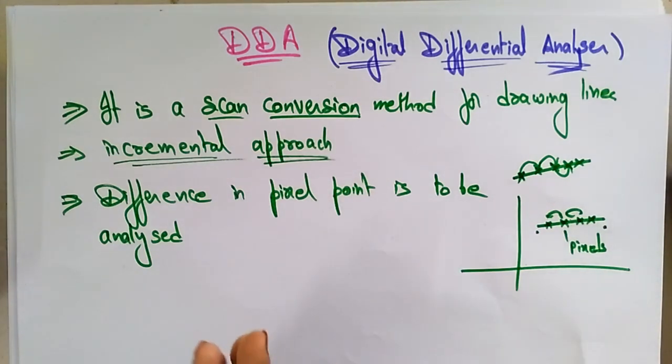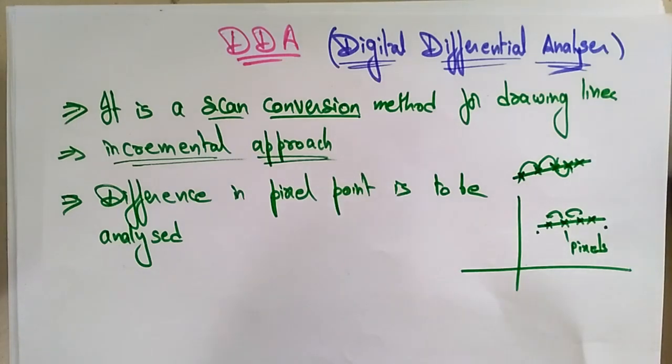Before understanding this digital differential analyzer algorithm, we must understand what a line is and how it is defined. In this video I want to explain an introduction to this DDA. After that I'll explain the algorithm and then explain it with an example.